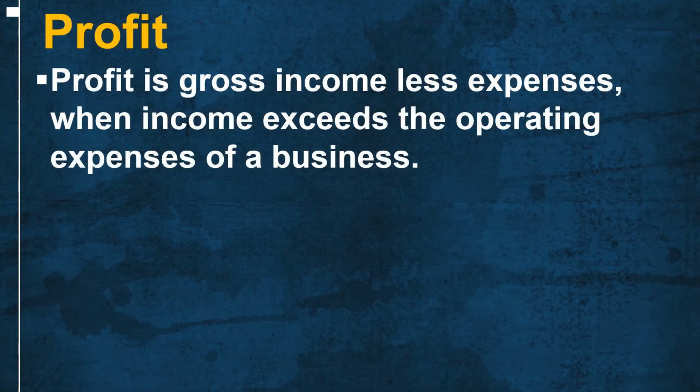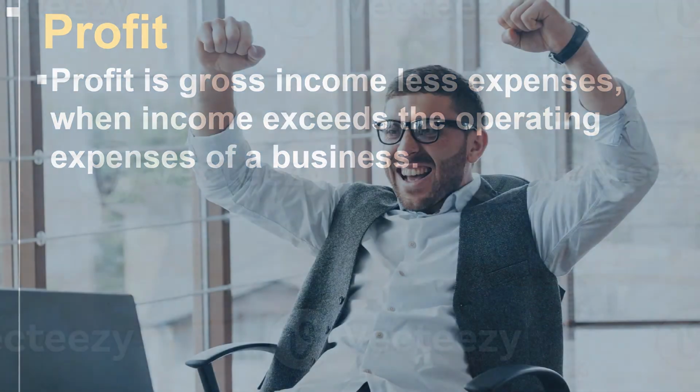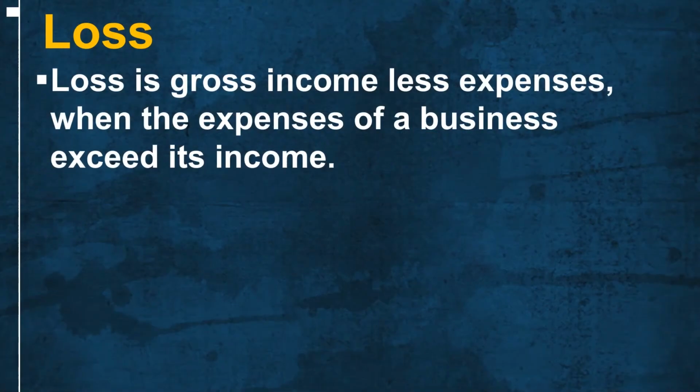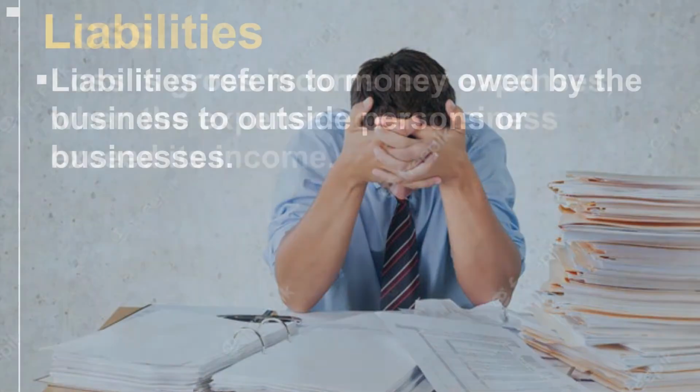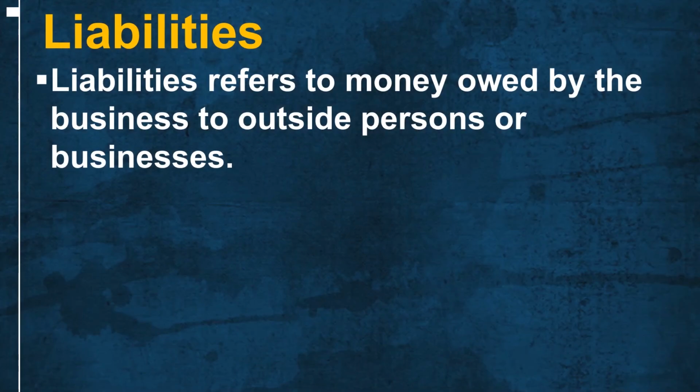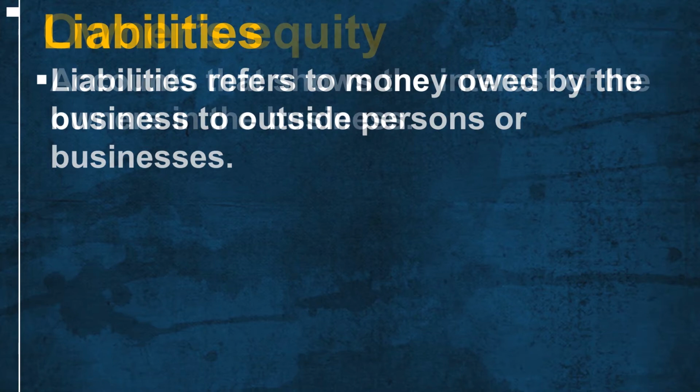Profit is the gross income less expenses. In other words, when income exceeds the operating expenses of a business. Loss is the gross income less expenses, which is basically when the expenses of the business exceeds its income. Liabilities refer to the money owed by the business to outside persons or businesses.